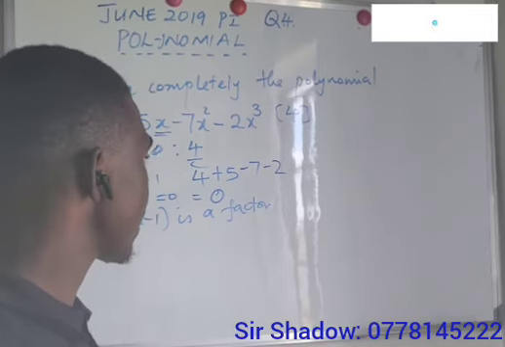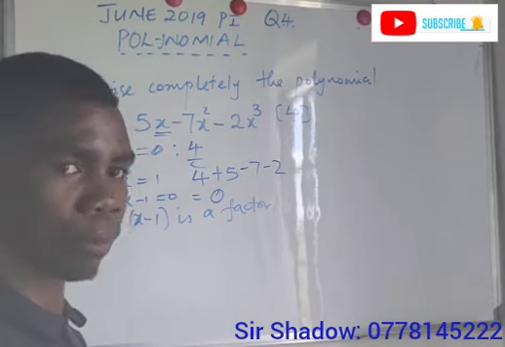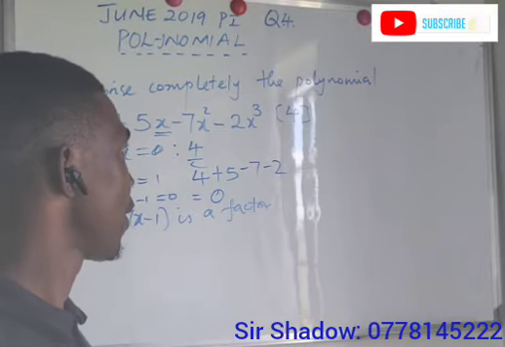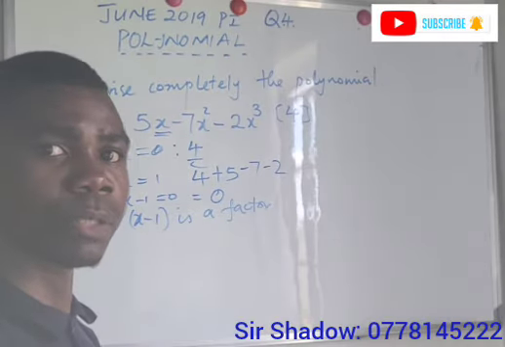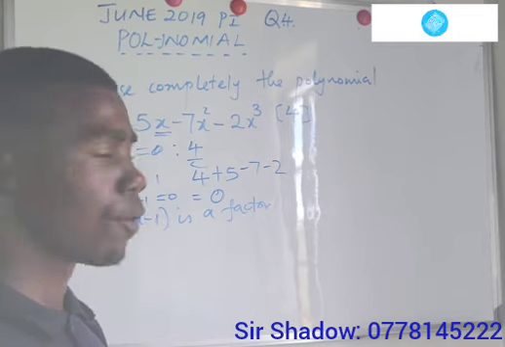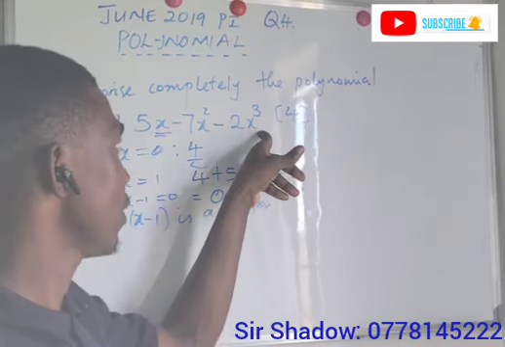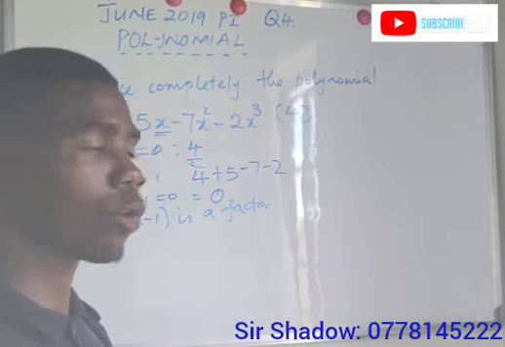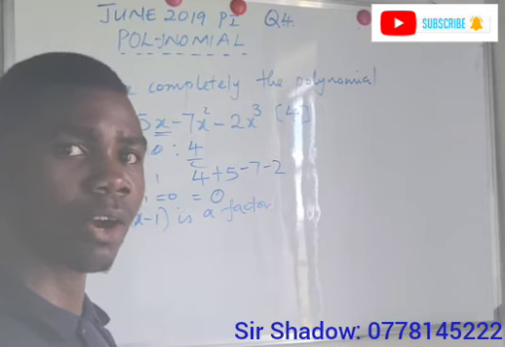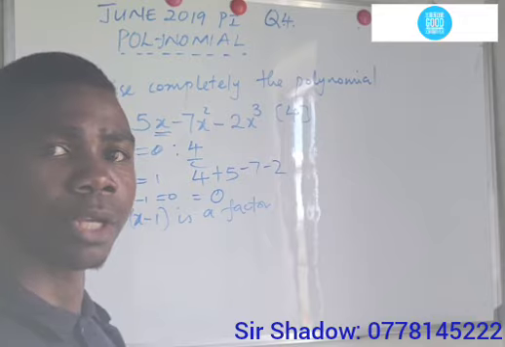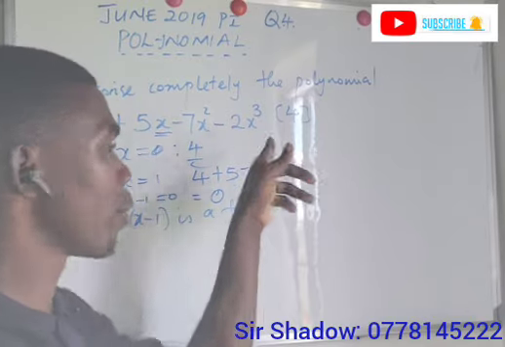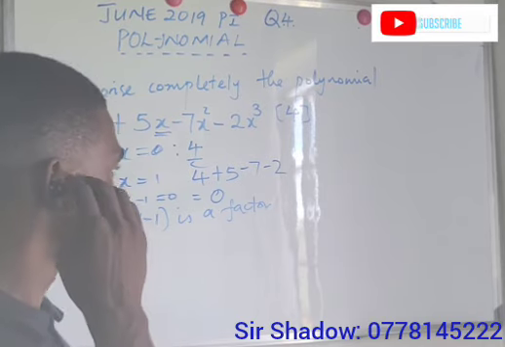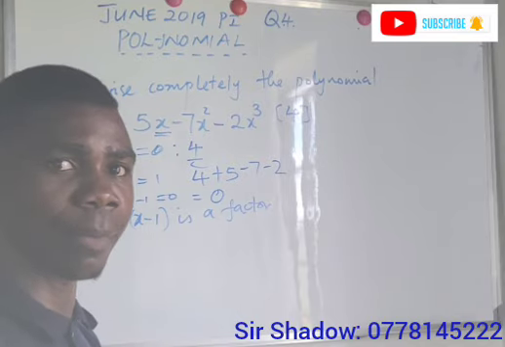Since x minus 1 is a factor of the given polynomial, in order to find the remaining factors, note that the highest power of x is 3, which means we have to find three factors of this polynomial. Now let's apply the remainder theorem, whereby the given polynomial is divisible by x minus 1 and gives the remainder 0.